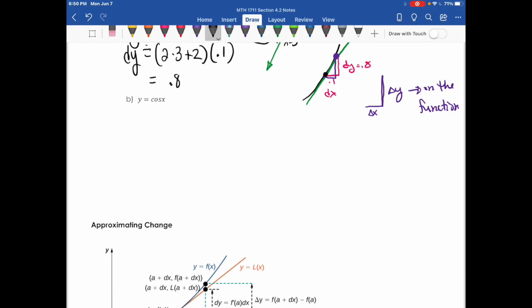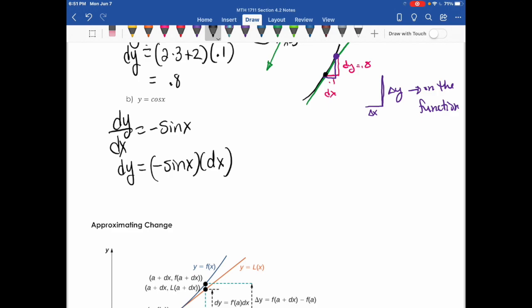Now let's do the same thing for part B. We're going to find dy and evaluate it when x is 3 and dx is 0.1. So we have dy/dx is equal to, now I have to take the derivative of cosine, which is negative sine x. And then I'm going to multiply both sides by dx. So I have dy is equal to negative sine x times dx. Now, when I evaluate this at x equals 3 and dx is equal to 0.1, I have negative sine of 3 times 0.1.